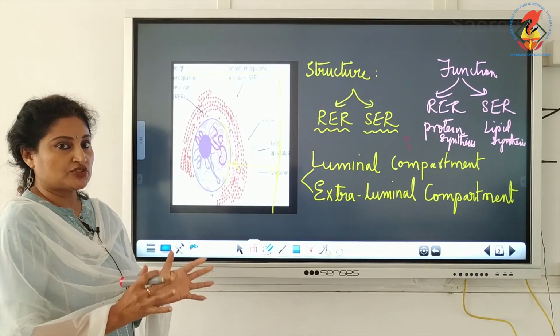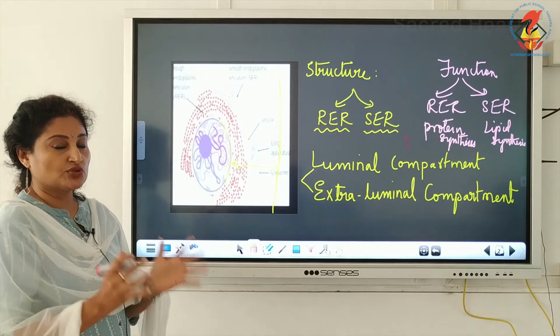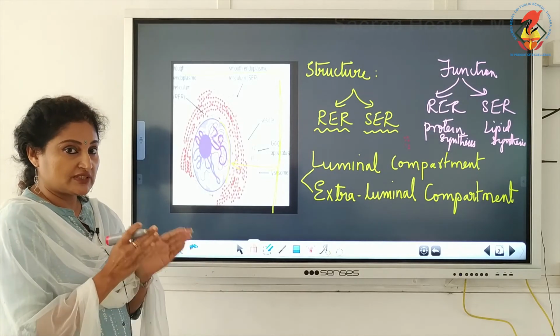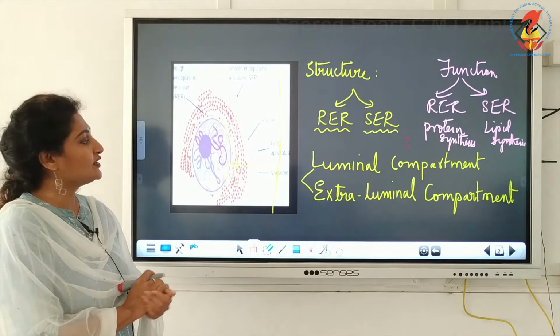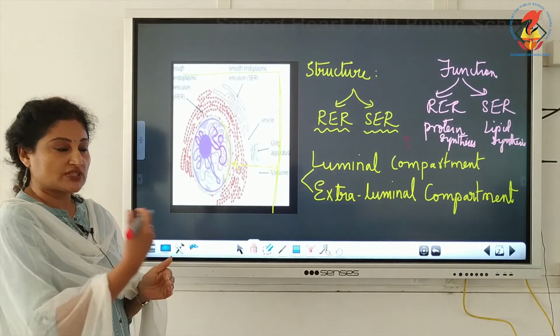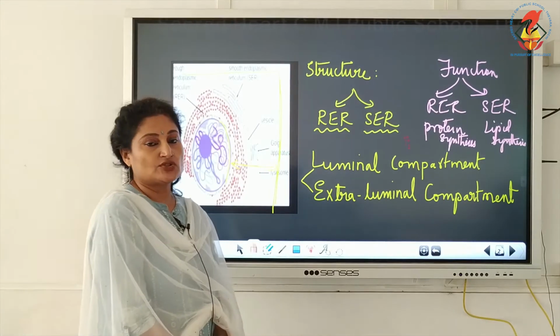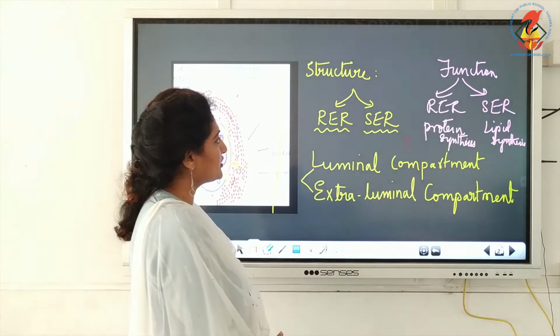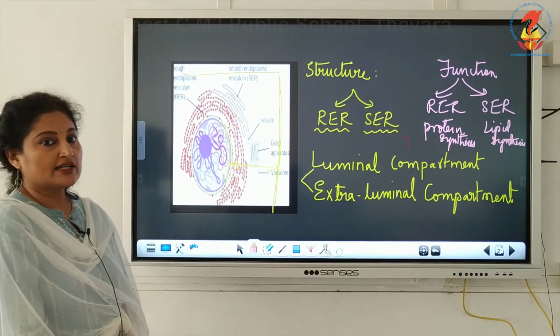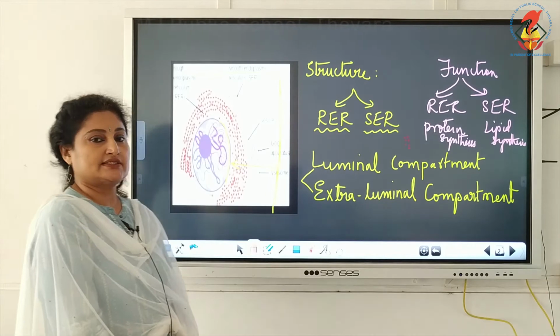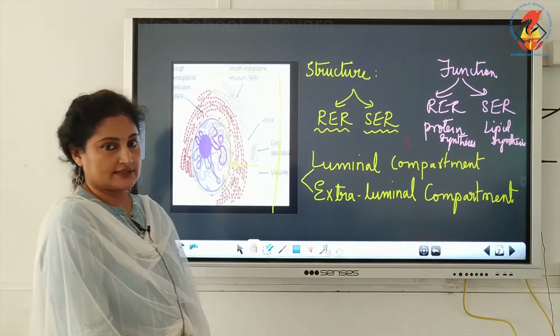This endoplasmic reticulum divides the cytoplasm into two compartments. The space within it is called the luminal compartment, and the space outside, that is the cytoplasm, is known as extraluminal compartment. Talking about the function, RER is involved in protein synthesis and SER is involved in lipid synthesis.